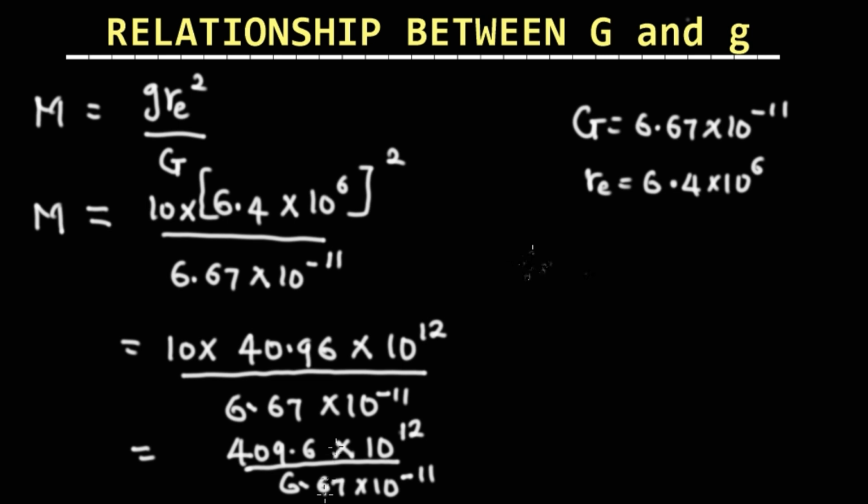Opening this bracket, a negative sign multiplied by a negative sign gives a positive sign. So our final answer is 61.4 multiplied by 10 to the power 23 kilograms, which is the mass of the Earth.